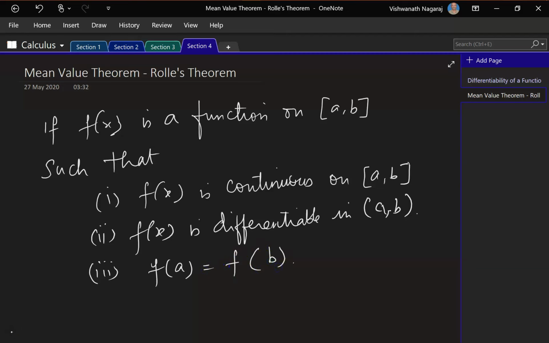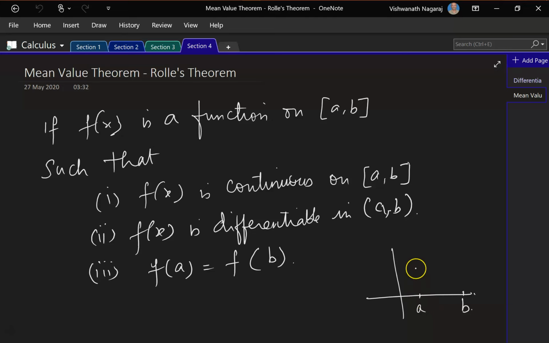Now the moment you see f of a is equal to f of b, what do you think of? If you visualize a graph, you have 2 points a and b, right? So that means if f of a is this, then f of b would also be the same value.